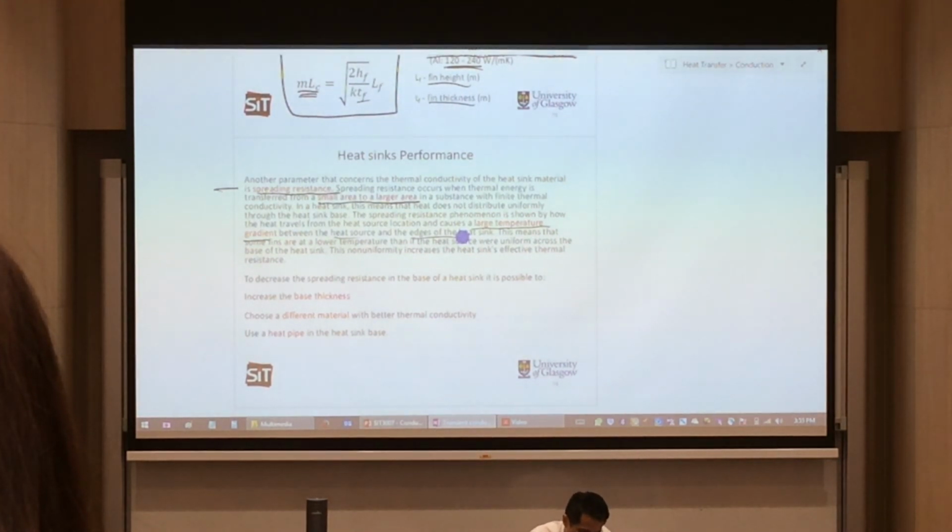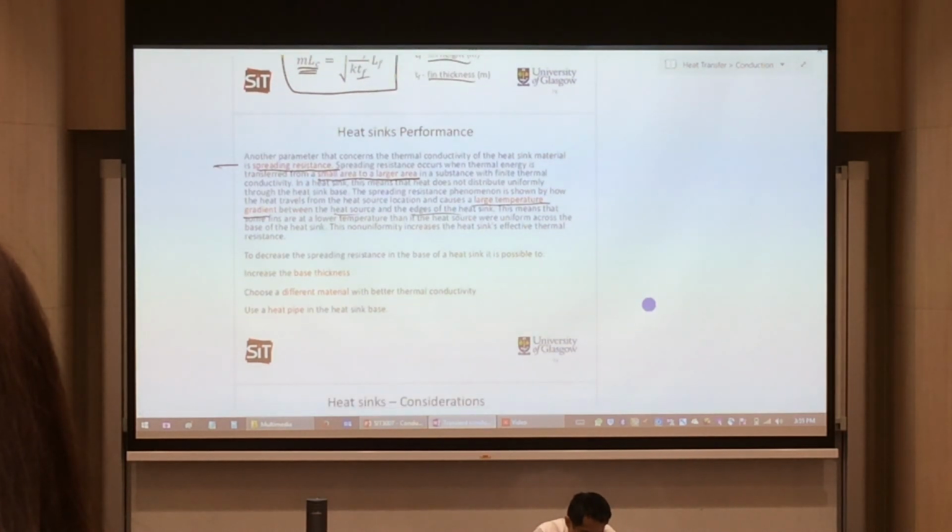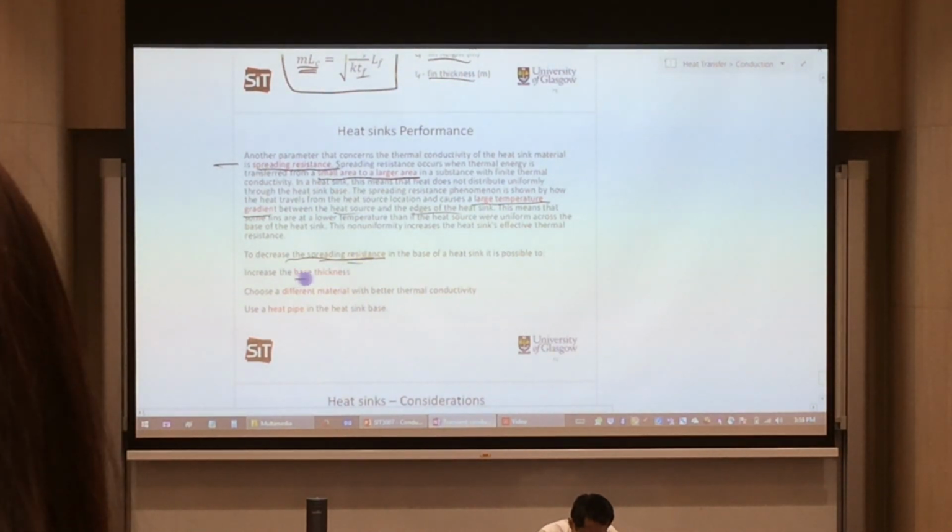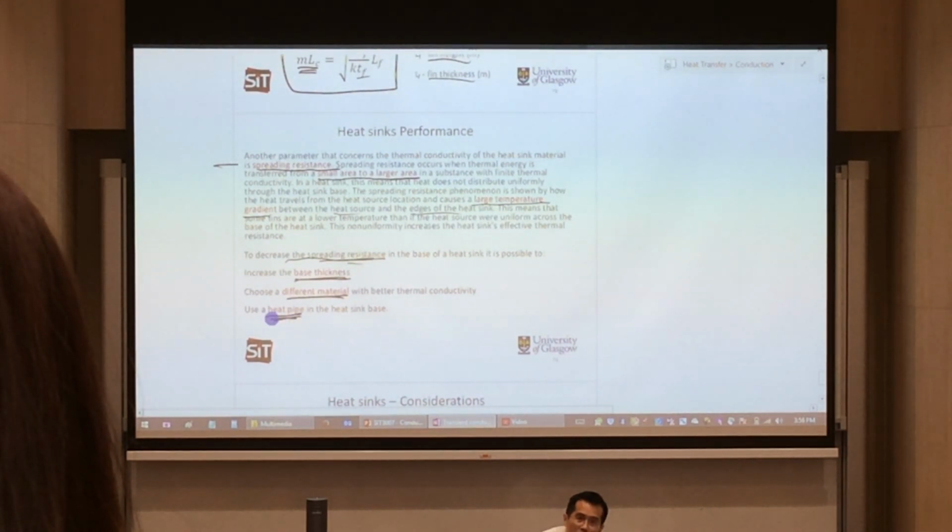So that's the meaning of that. In order to decrease the spreading resistance, we can increase the base thickness, or we choose a different material, or we use what we call the heat pipe.